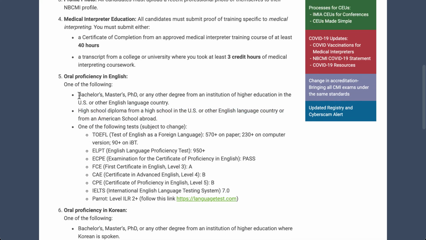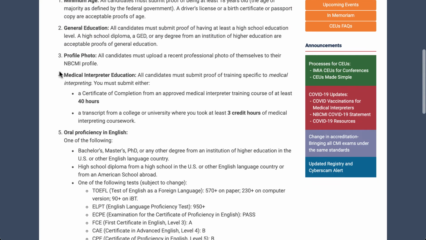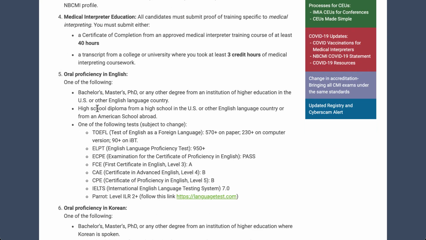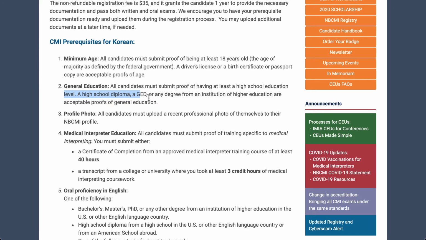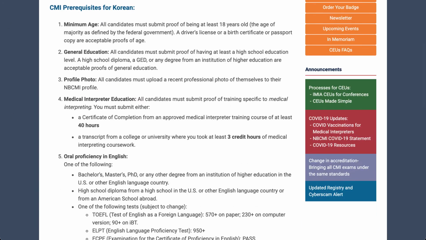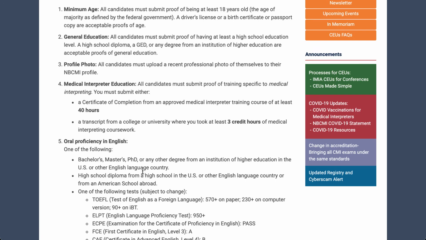This will still be sufficient proof for the general education in number two. So if you graduated from high school in the US or in Canada, you will be able to provide that document as oral proficiency plus the general education. They qualify for both, so you don't have to have separate documents for these two.